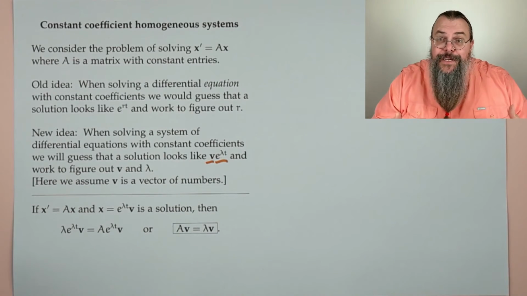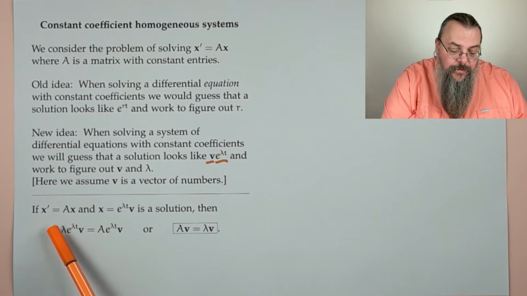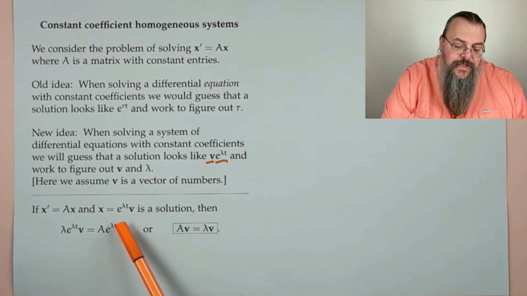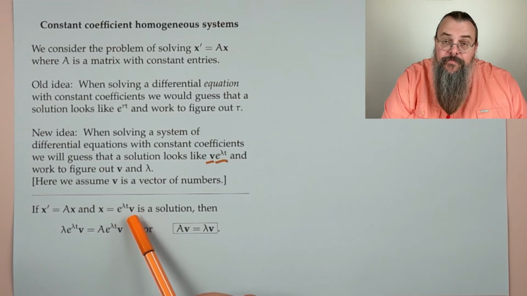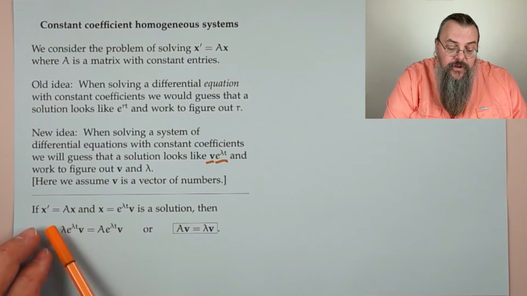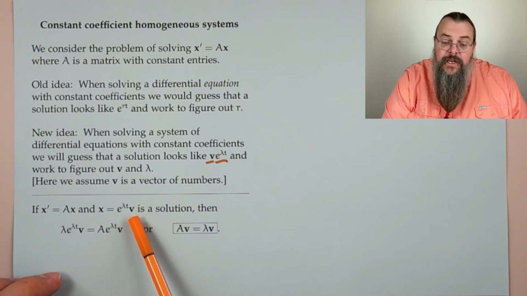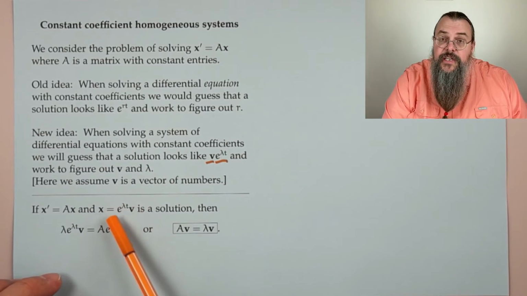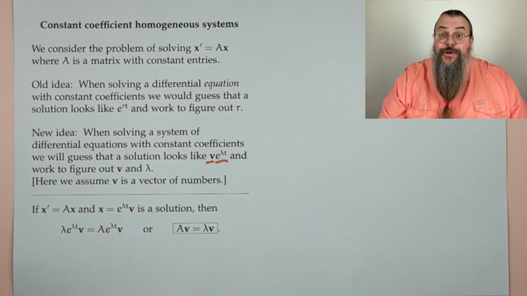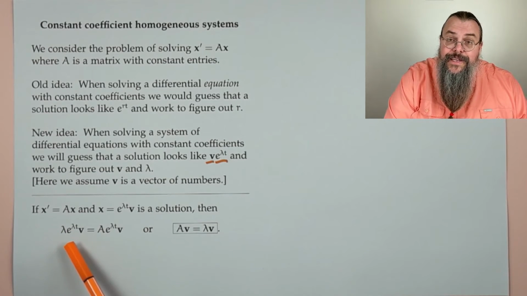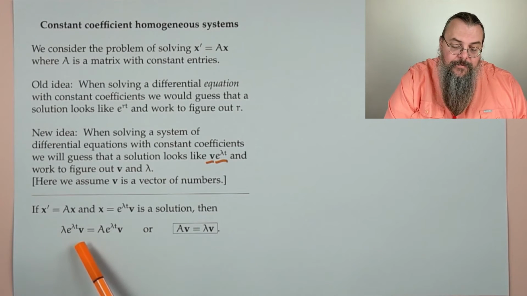So here we go. We're going to plug it in. We're starting with x prime equals Ax. Our guess is e to the lambda t times v. Well, plug it into the left-hand side. Since the v acts like a constant, the only thing that's changing is the e to the lambda t. So the derivative would be lambda, because that comes down, e to the lambda t times v.